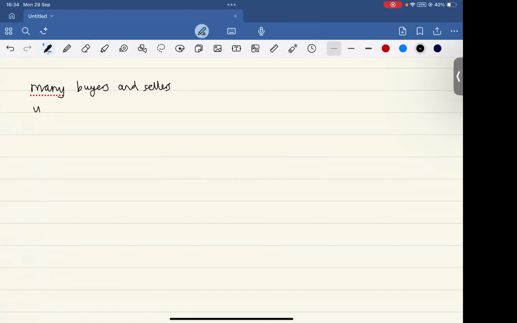There's perfect information, which means that it's easy to understand who the sellers are, what their prices are, what their costs are, and whether they're selling the same things or different things. They're also all selling the same product, so there's no product differentiation.